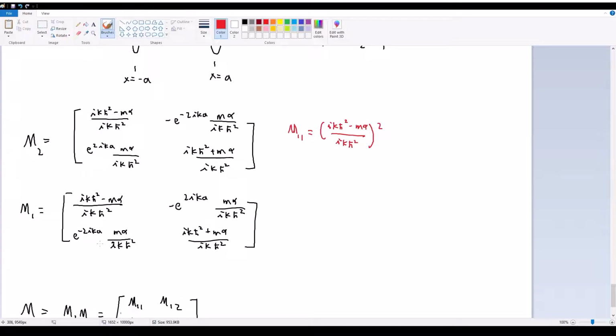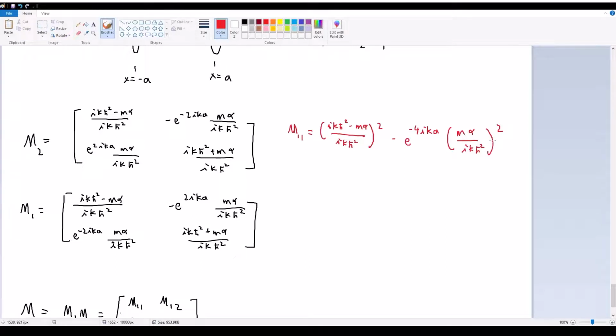So that is going to give us minus e to the negative 4ika times (m alpha over ik h bar squared) squared.